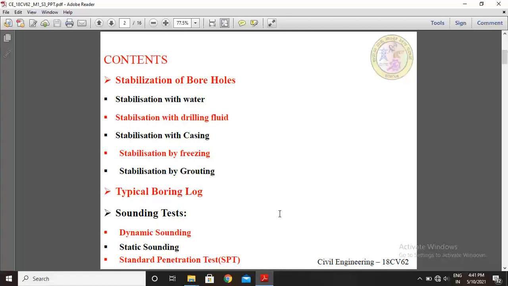Next, typical bore log, and the next content is sounding tests. Under that: dynamic sounding, static sounding, and standard penetration test. So these contents today I want to explain in detail.